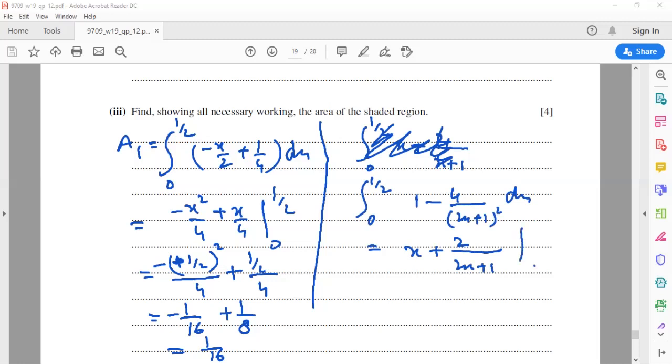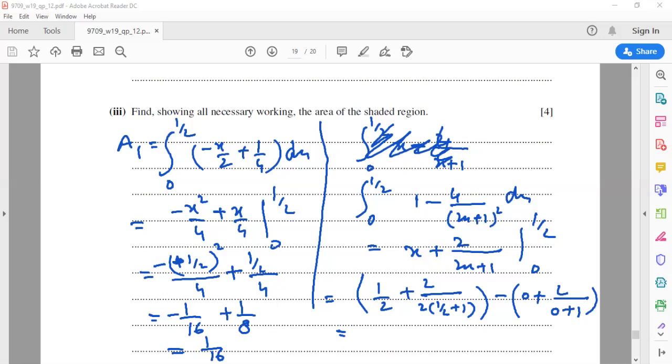So by placing the limits from 0 to 1 over 2, we will simplify it. First place 1 over 2 plus 2 over (2 into 1 over 2 plus 1), minus 0 plus 2 over 0 plus 1.